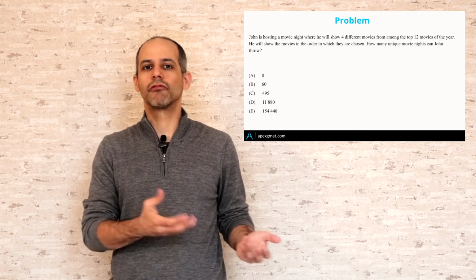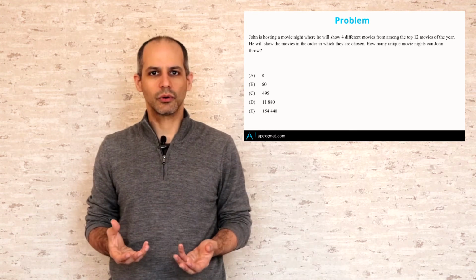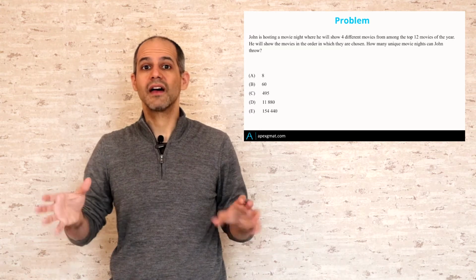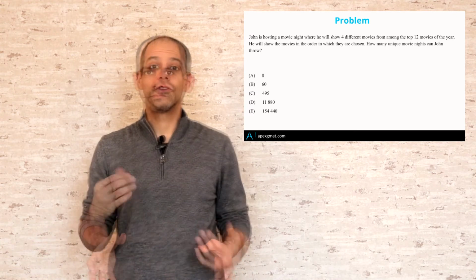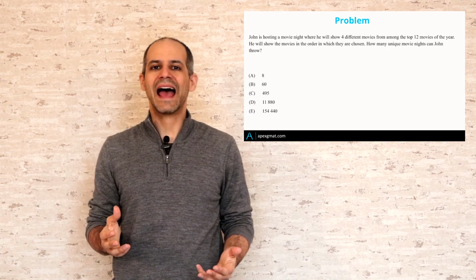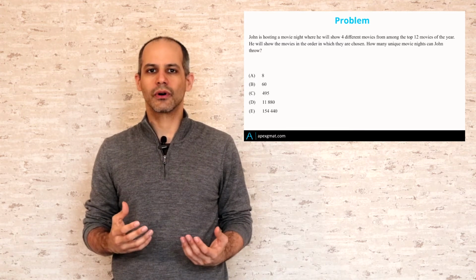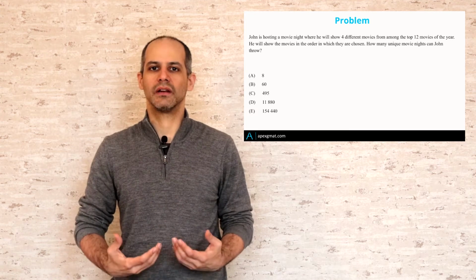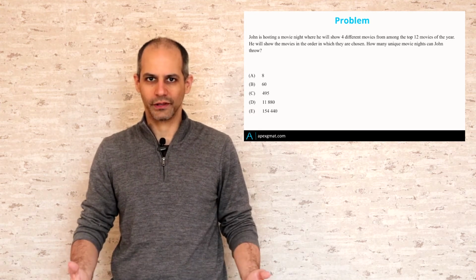So you're really being rewarded just for knowing basic combinatorics, and in fact, most permutation and combination problems fall into this basic category. The good news here is that you can use your reason to solve this problem without being burdened by the formal combinatorics formulas.